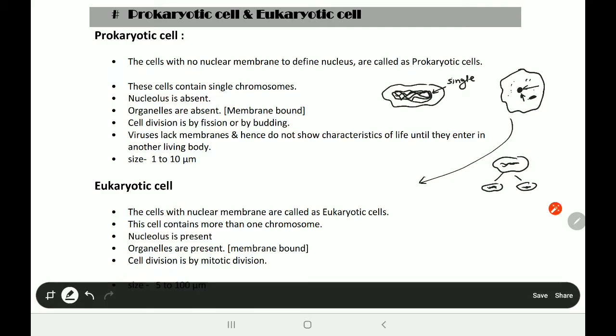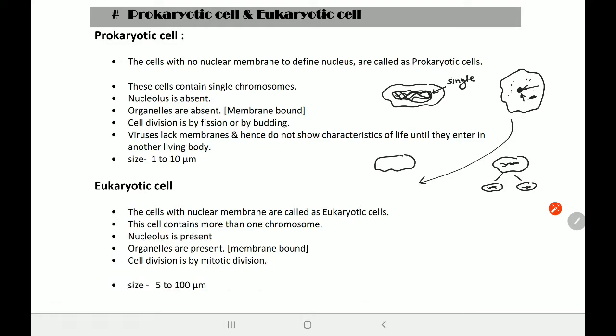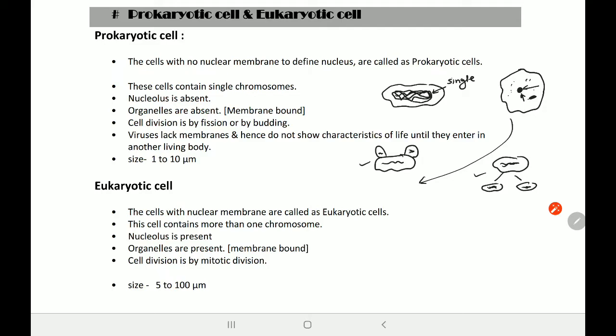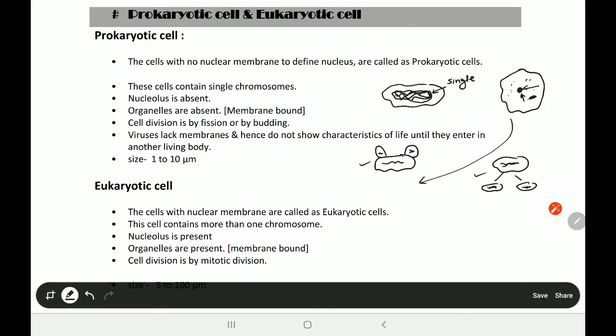And budding means, imagine this is a cell and it gets a kind of bud here, and after maturity those buds develop and separate from the main cell. So this is called budding and this is called fission. Only in these two ways can division happen.